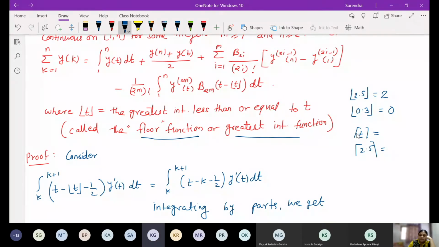The smallest integer that is larger than 2.5. It will be 3. So that is the ceiling function. Again, if I take 0.3, what will be the ceiling function? 1. And so on. So this is the ceiling function, this is the floor function.